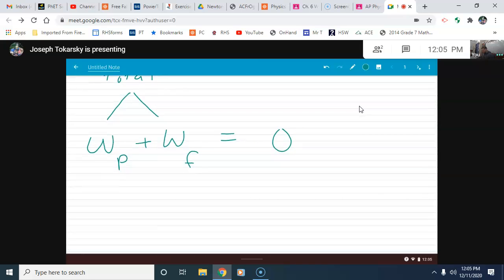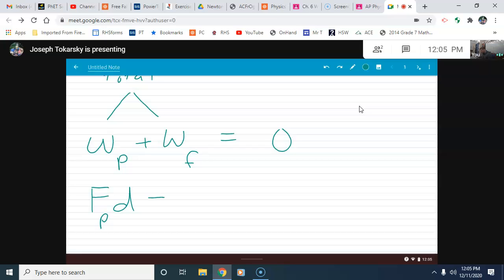So we could break that down even more. The work of the person is F times the displacement. Now remember, I told you your textbook uses S for displacement. You could use S or D. I don't really care, okay? I use D above, so I'll use it here. So the force of the person times the displacement of the box plus, actually, let me take that away, minus, because at this point we should know friction is doing negative work, so we subtract it off, all right?